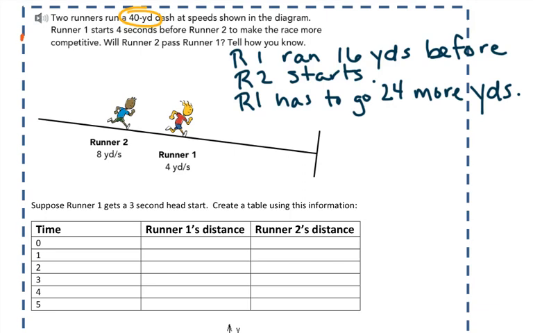So think about how long it will take runner 1, who travels at 4 yards per second, to go 24 more yards. And if you're thinking correctly, you should come up with 6 seconds. So runner 1 will take 6 seconds to finish the race once runner 2 starts.